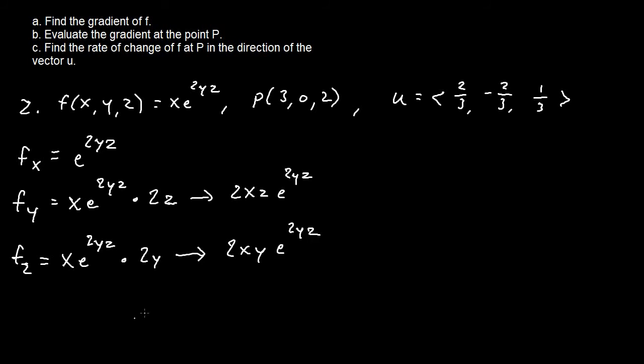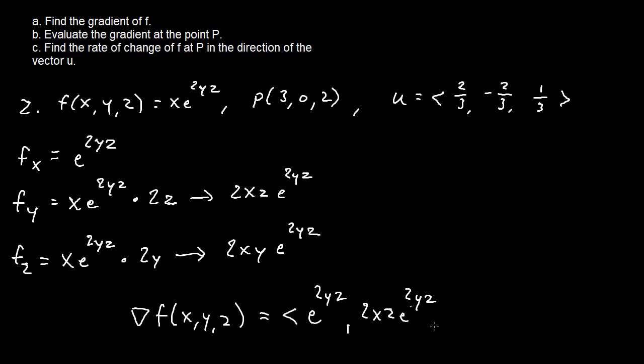So in this case, the gradient vector is going to be equal to the x component, f sub x, which is e to the 2yz, comma, the y component, which is 2xz e to the 2yz, comma, the z component, 2xy times e to the 2yz.